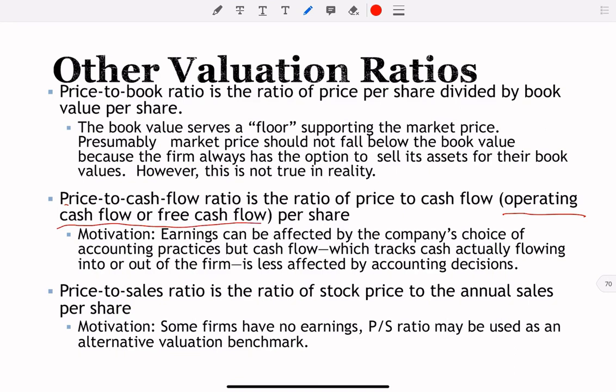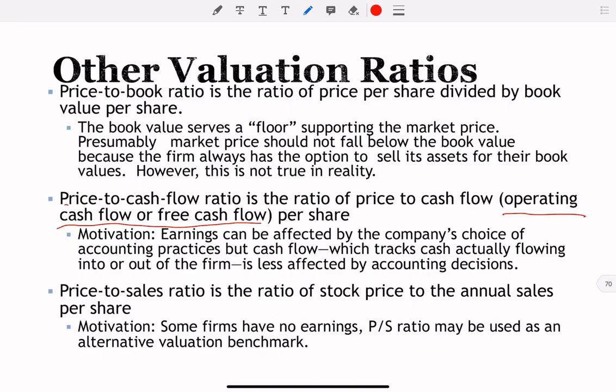Why do you want to use price to cash flow ratio? Well, because earnings can be manipulated, right? The firm can just make some choice, such as its depreciation schedules. So this could affect earnings, right? However, cash flows, which track cash actually flowing into or out of the firm, are less affected by accounting decisions.